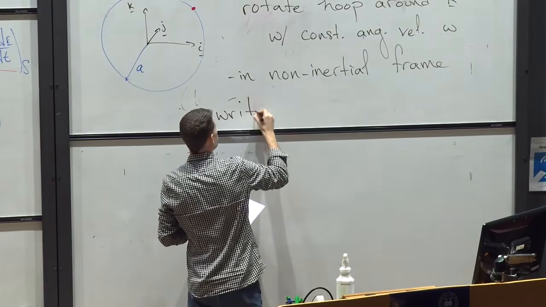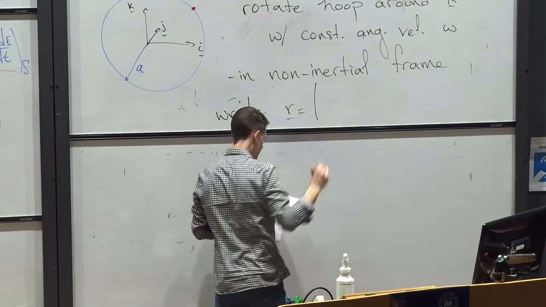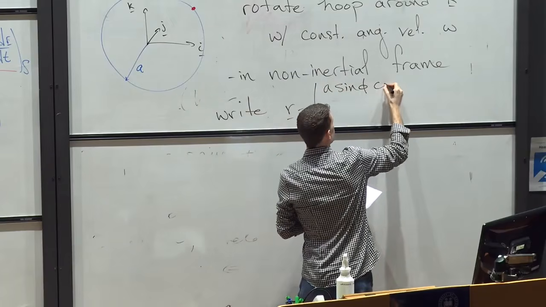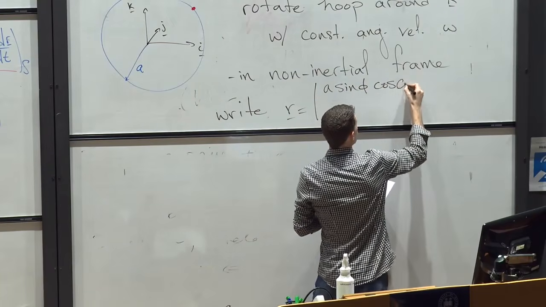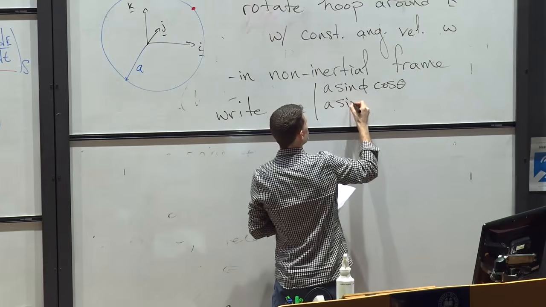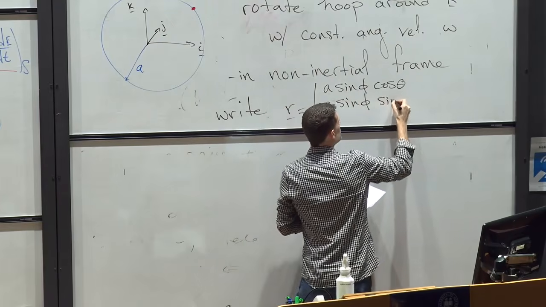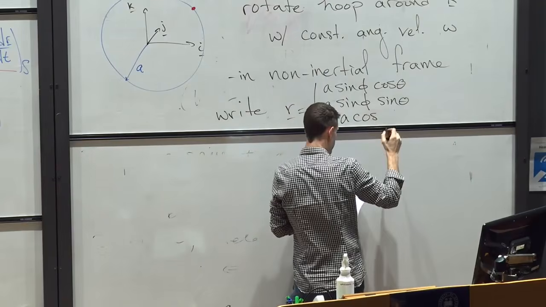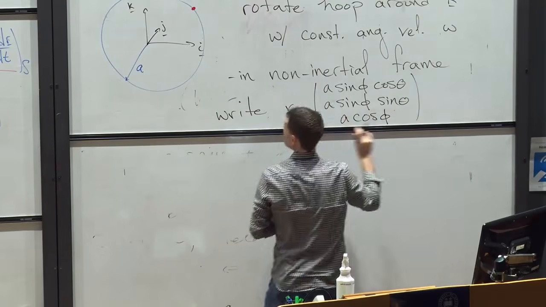I would write the position vector r as a sine phi cosine theta, a sine phi sine theta, and a cosine phi.